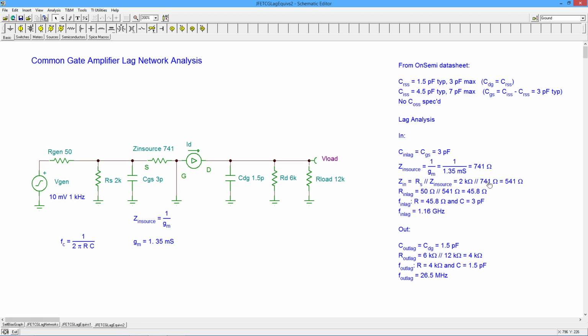Put these things in parallel with the 2K, that's 541 for your Z in. And your total value now, you put that in parallel with 50, you get 45.8. All right, so if you take 45.8, 3 picofarads, you run that through your universal critical frequency formula, 1/2 pi RC, and we get this amazingly large value of 1.16 gigahertz.